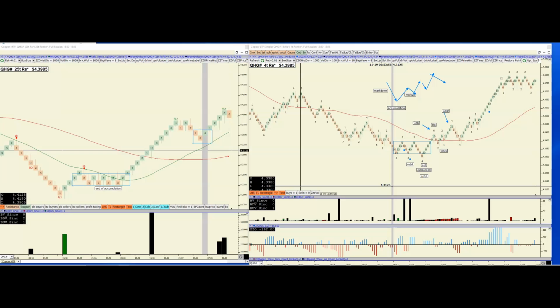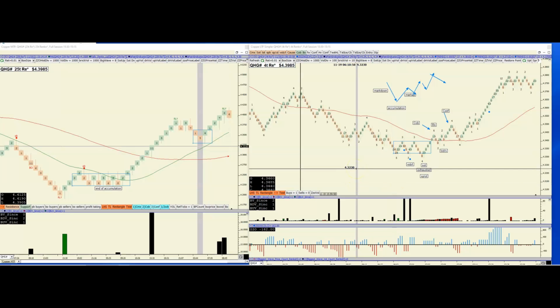Why is that? Because those big waves that have a shortening of the thrust are being used to establish long positions. I'm not going to talk about that now. When I have an example, I'll explain that.